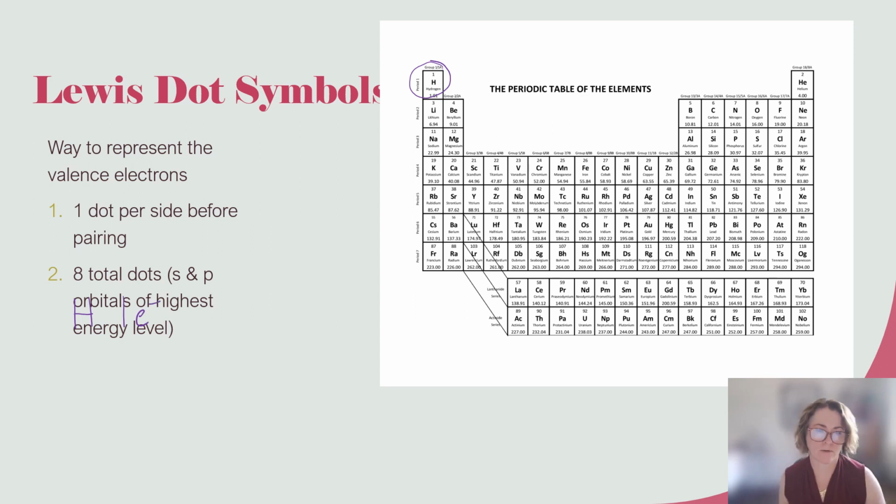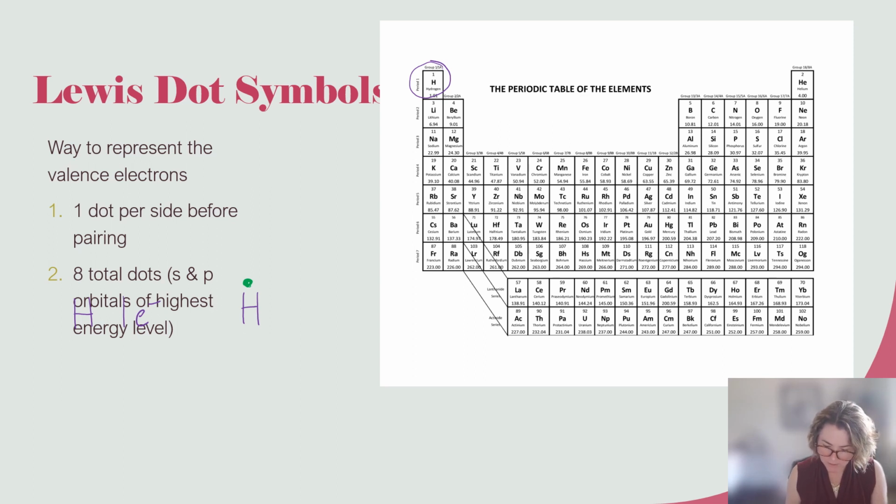To draw my Lewis symbol, I'm going to write out the symbol for the element, and then I am going to represent my electrons as dots. I have 1 dot, and so that's it. I'm going to go ahead and represent that 1 valence electron with 1 dot.